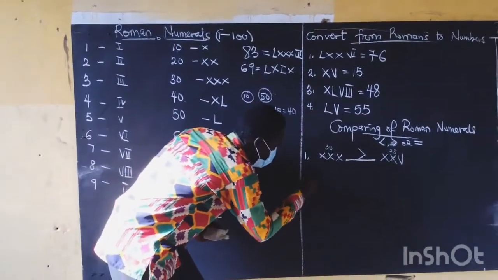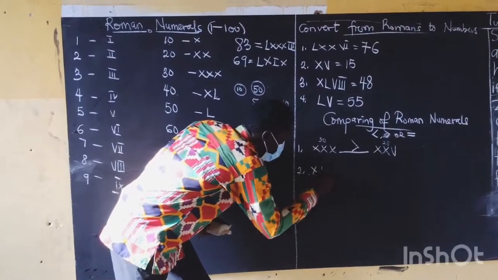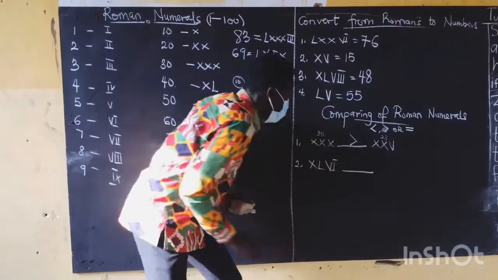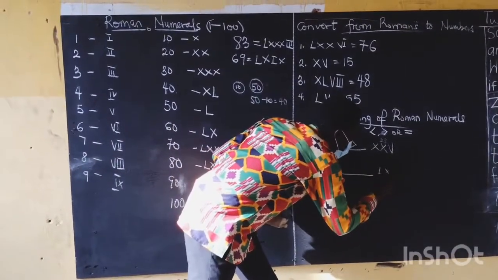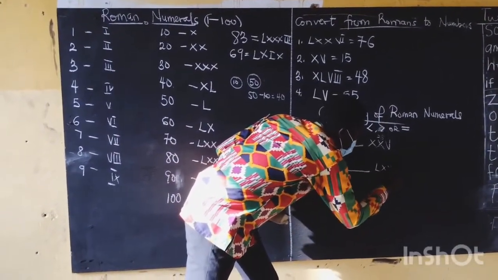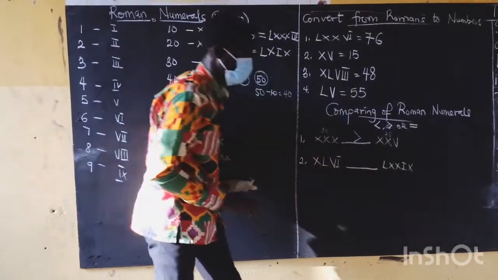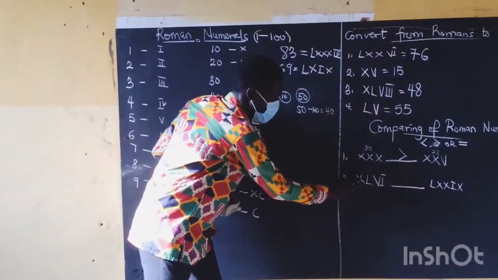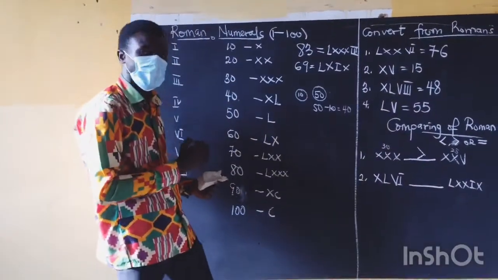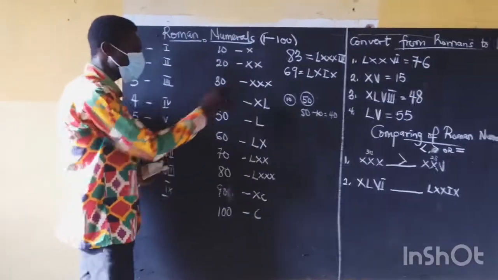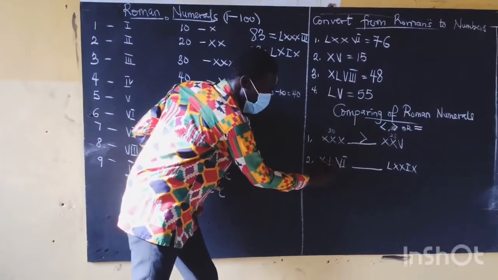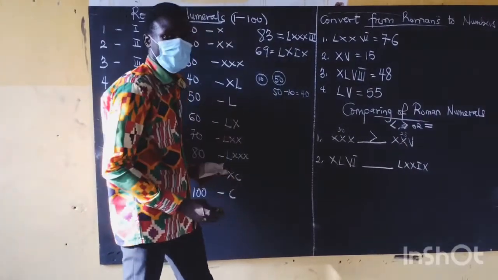Let's say I'm to convert XLVI and LXXIX. Let's take our time here and look at something. XL, from the main chart that we learned, is 40, and VI is for 6.